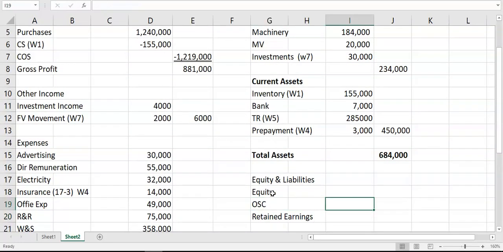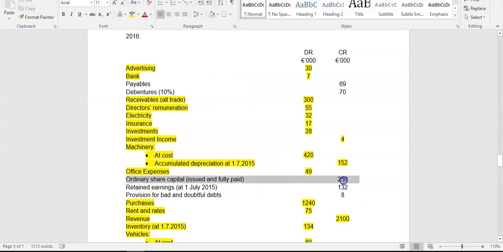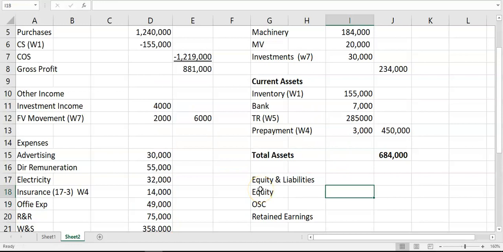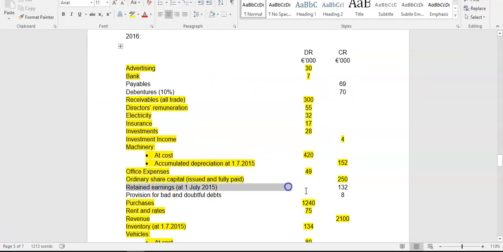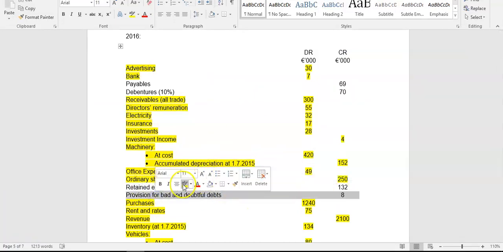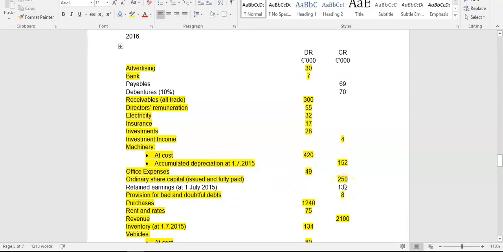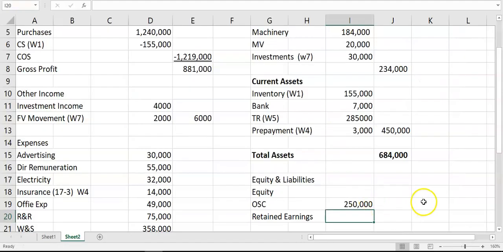The ordinary share capital is easy. It doesn't really change. That is the 250,000. It's not the 300. It's the 250. Retained earnings, just be careful here. Retained earnings are not, the provision is already done, are not the 132. That's the opening balance. So it's going to be the 132 plus the profit for the year, which is 84.